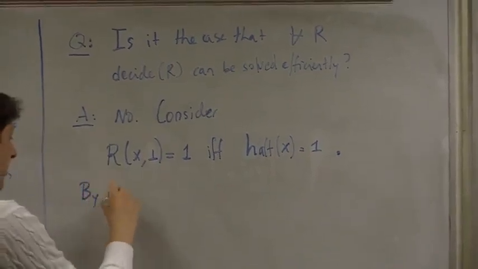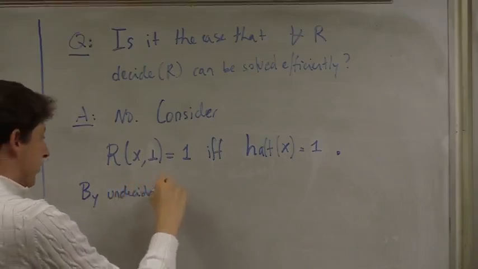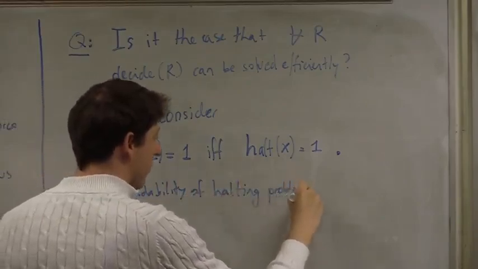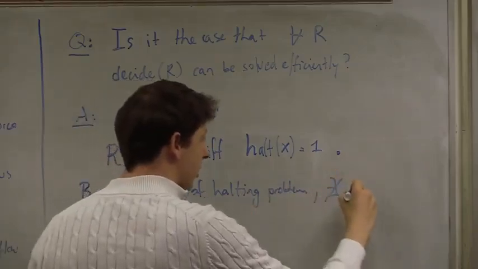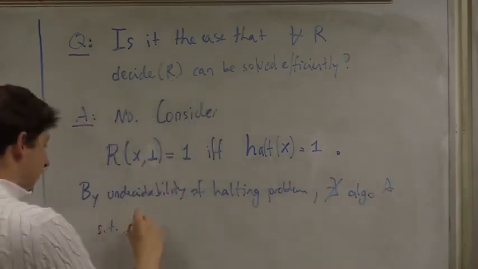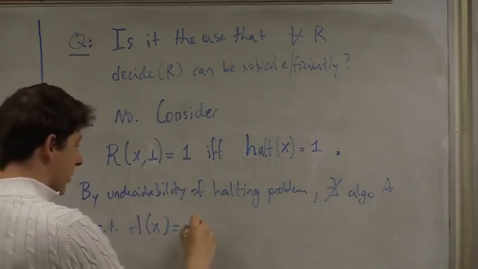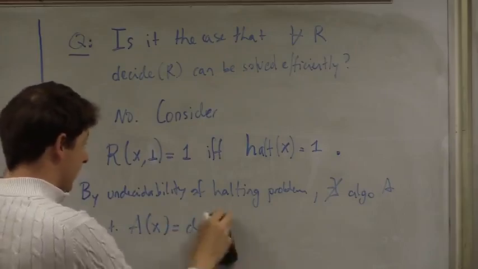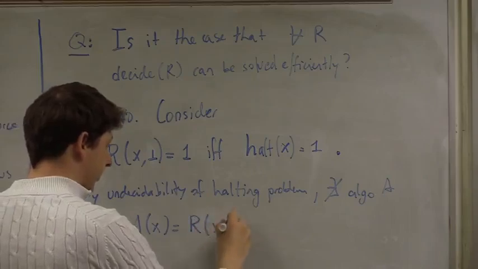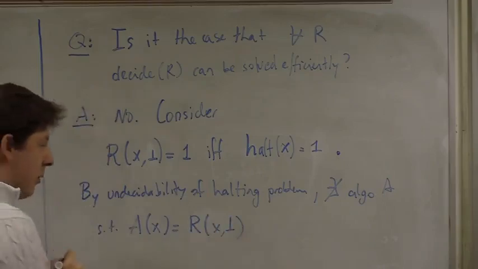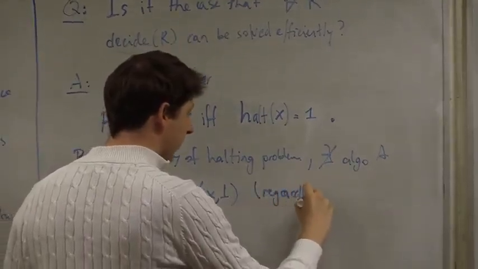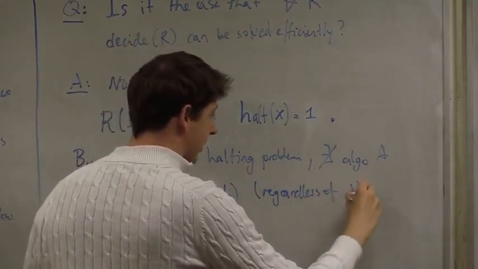So by the undecidability of the halting problem, there exists no algorithm A such that A of x equals R of x comma bottom, even regardless of A's running time.